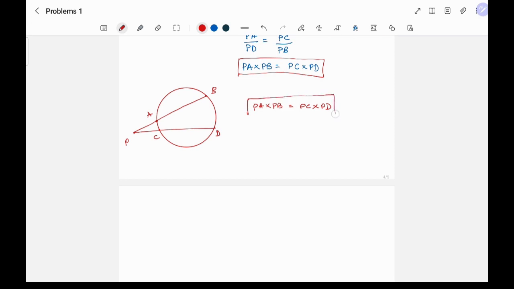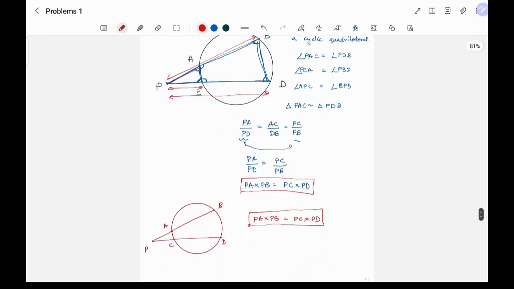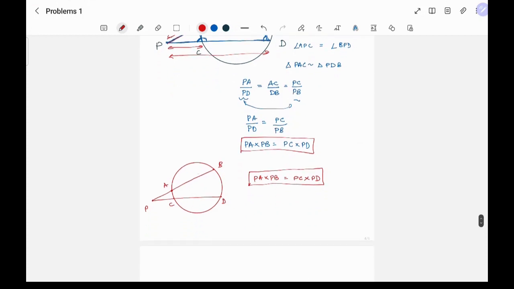So this formula you can remember if you want, otherwise you have to do this derivation again. Also you can see that it is easy to observe, like once you remember that these triangles are similar, then easily you can derive this, and from that this follows.